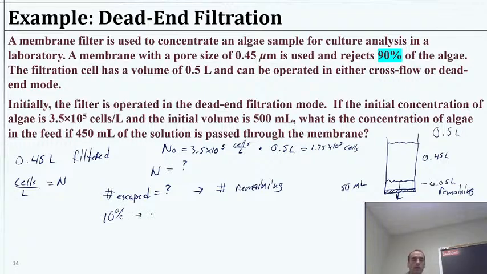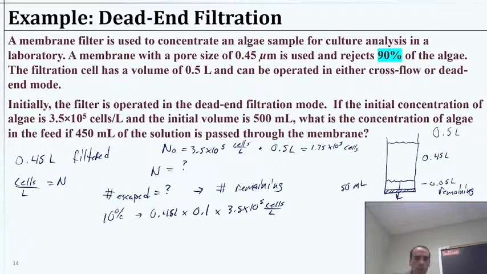So what we'll say is 0.45 liters times that 0.1, so that's our 10%, times the initial concentration, that 3.5 times 10 to the 5th cells per liter. Okay, so then that 0.1 will just be 3.5 times 10 to the 4th times 0.45.